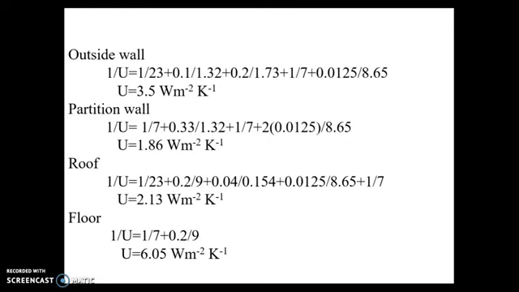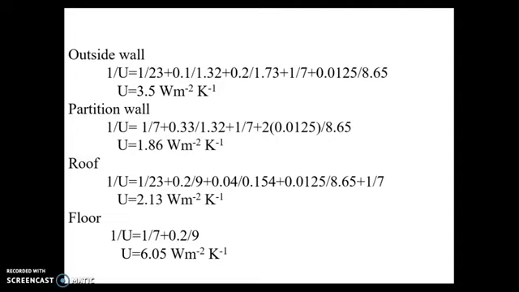Outside wall. For the first step we are going to find the overall heat transfer coefficient of the outside wall. We consider both the convective resistance of the outside air and inside air and the thermal resistance of the composite wall. Next, we are going to find the heat transfer coefficient at the partition.